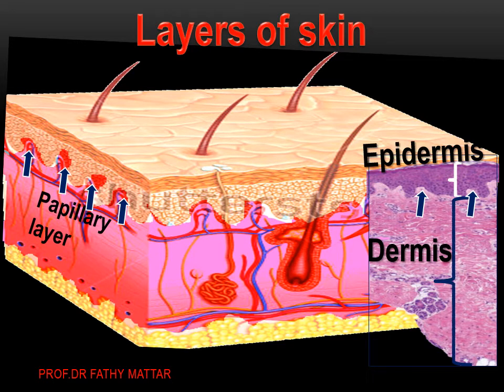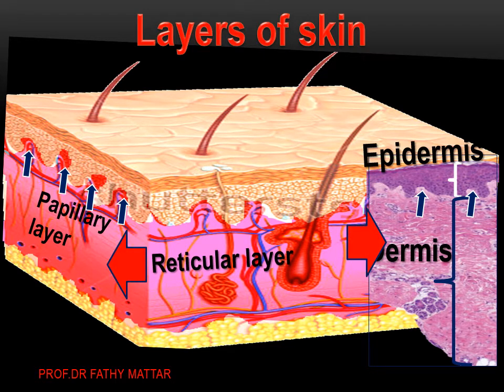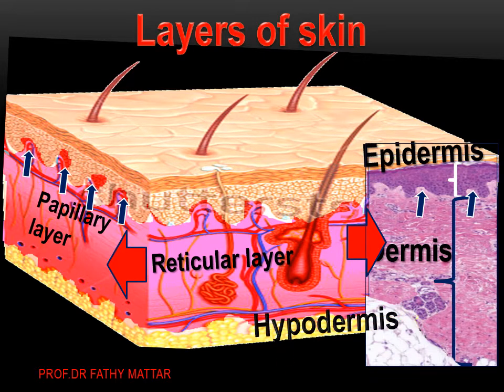The papillary layer underneath the epidermis, which is formed of loose connective tissue, and the reticular layer, which is formed of collagenous connective tissue. Under the dermis is the hypodermis, which is formed mainly of fat cells, and it binds the skin to the underlying structures such as the muscles.